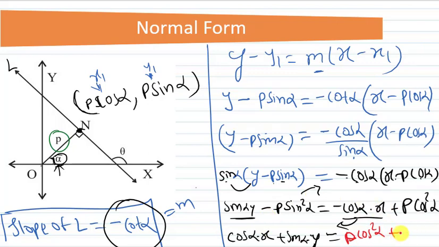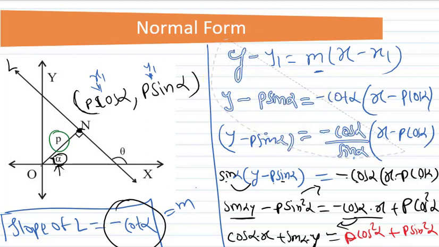P cos square alpha. This minus will become plus in right hand side P sin square alpha. So I have in right hand side P cos square alpha plus P sin square. Just take this P common. Right?